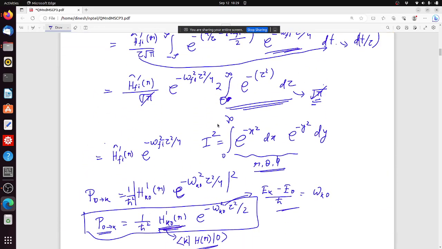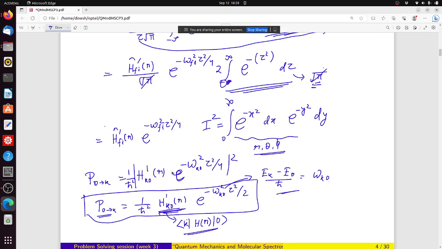Actually we made a mistake here. Actually this was a symmetric function, right? That's why I multiplied by 2 and took limit 0 to infinity. So there will be a factor of 2 here. Maybe I have mistakenly, this is minus infinity to plus infinity is root over pi, or 0 to infinity.